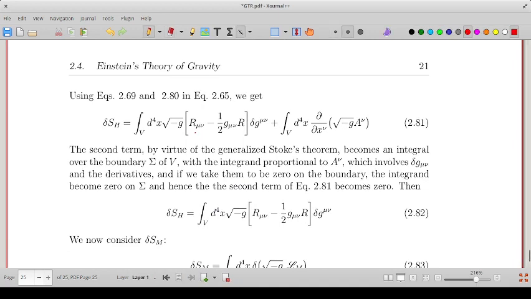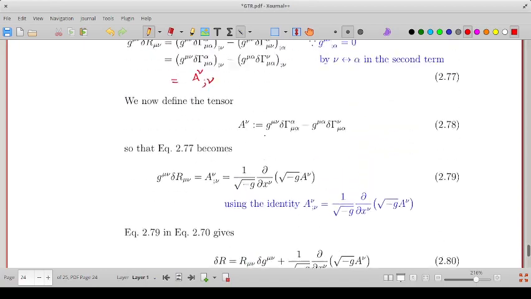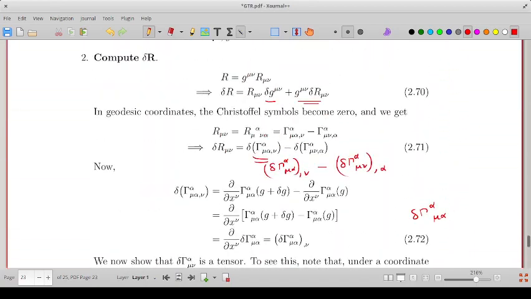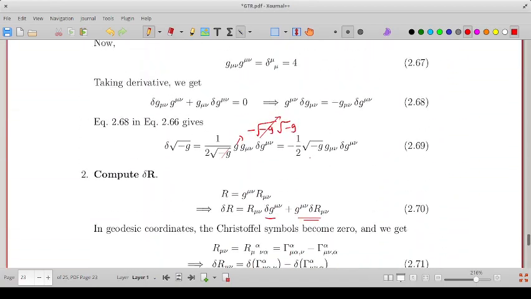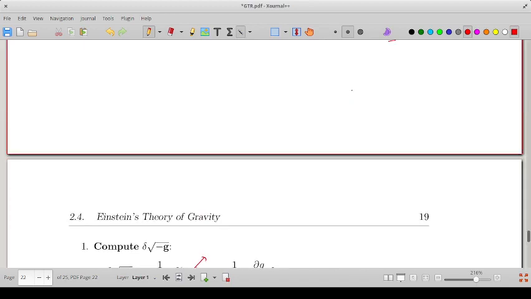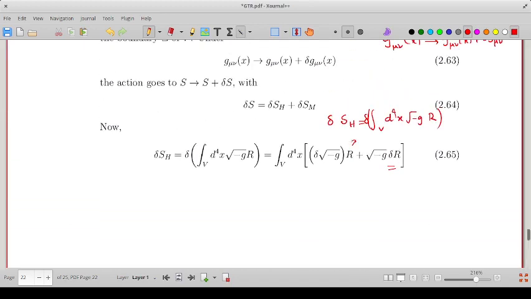So this factor is the one that is appearing here, and this factor is coming from this minus, then the square root of minus g factor is common, and this delta g mu nu is there, and this g mu nu, but then this has to be multiplied with this r.